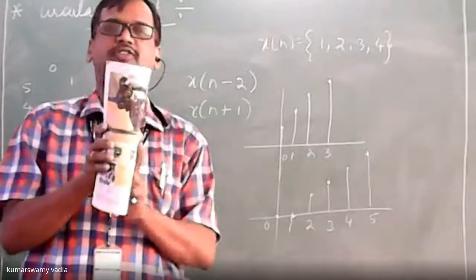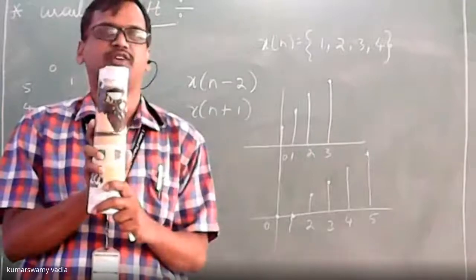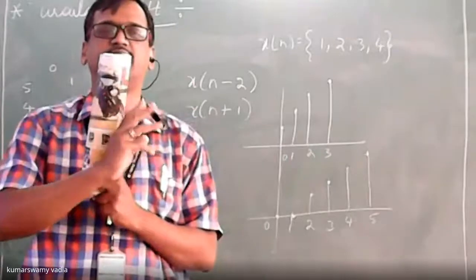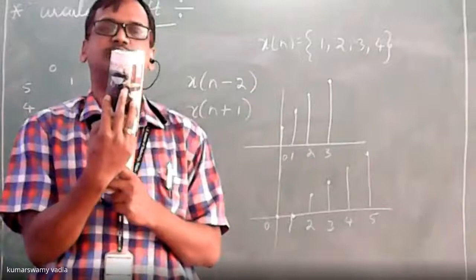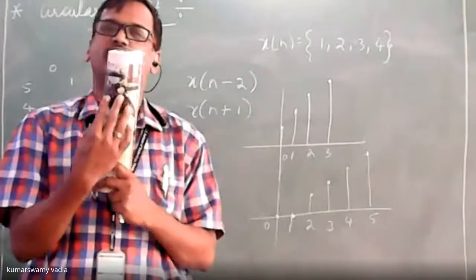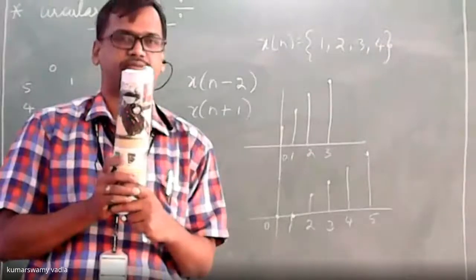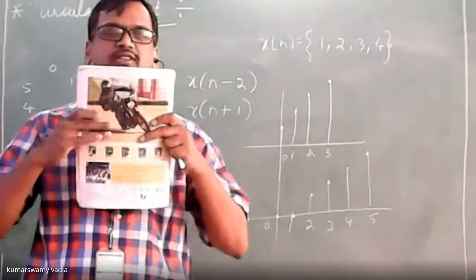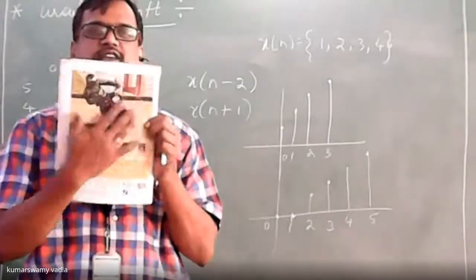What happens if I fold like this? The left side 3 and the right side 3 come across in the folding part. Only the first 3 and the middle 3 you are going to see. Yes or no, students? Yes. Now, if I open this out, you will see all the 3 signals.